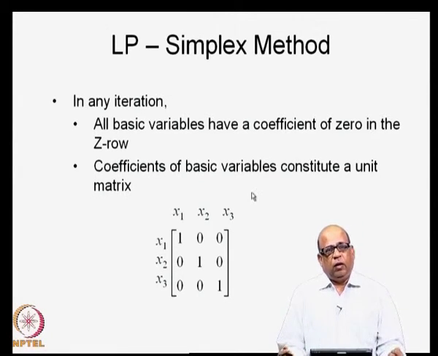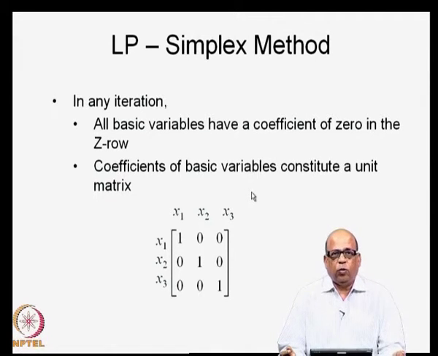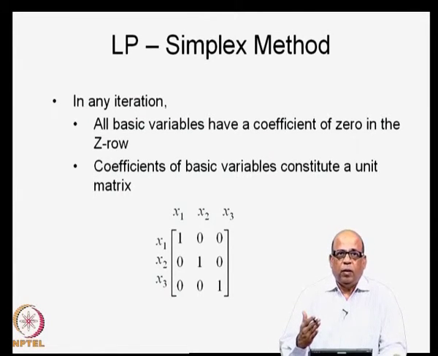Okay. When we looked at the graphical solution, I had also introduced what is called an unbounded solution, an infeasible solution, and also multiple solutions. If you recall, when do we have multiple solutions?